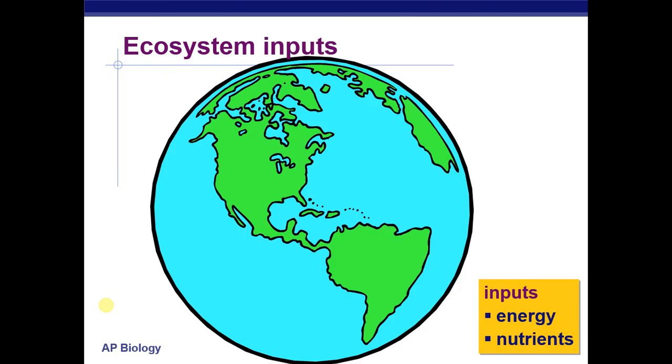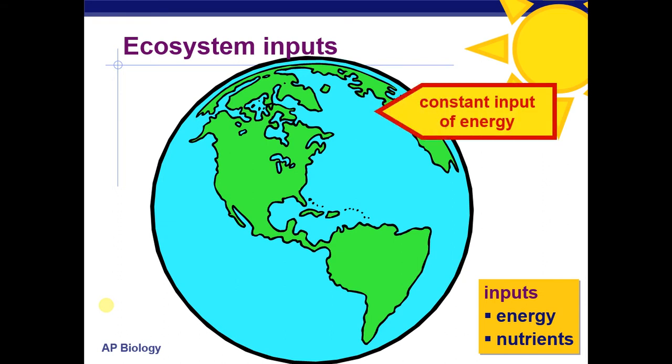So if we look at this picture of the globe, or the world, as a kind of a model for an ecosystem, there are a few inputs that are necessary. So the sun is the ultimate source of energy, and it supplies a pretty much constant input of energy, right? The sun isn't really turned off at any time.